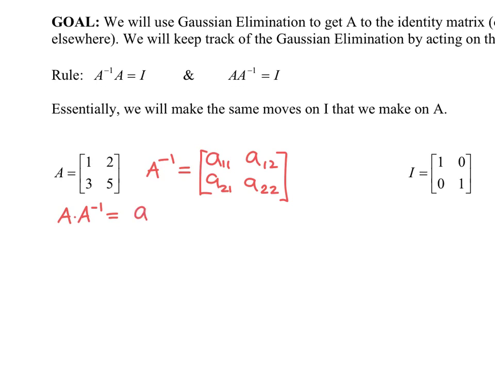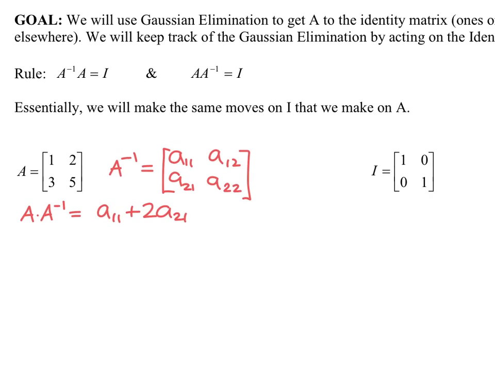We're going to be looking at A sub 1, 1 plus 2 A sub 2, 1 equals 1. Then A sub 1, 2 plus 2 A sub 2, 2 is equal to 0.